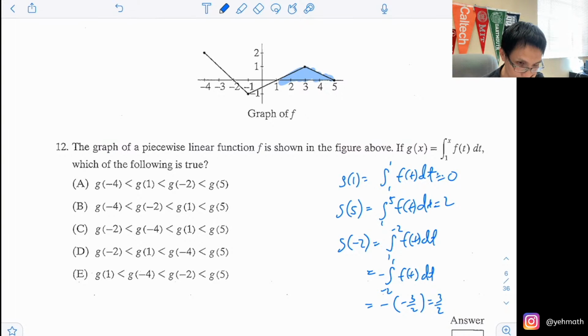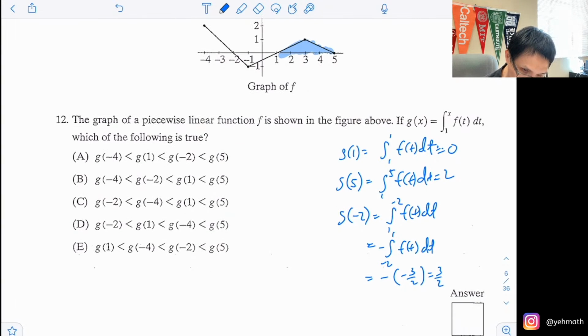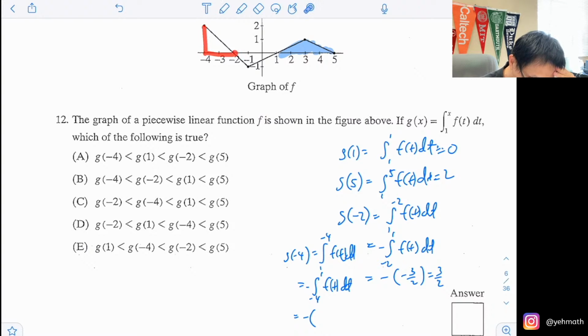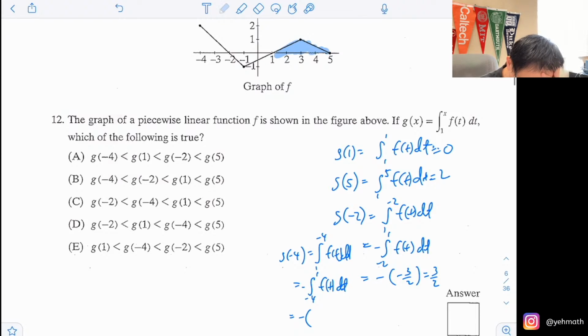That's good. And then go into -4, so that's equal to the integral from 1 to -4 of f(t) dt. So that's equal to negative the integral from -4 to 1 of f(t) dt. Well, the first part, this region is 2, or negative 2, I guess.